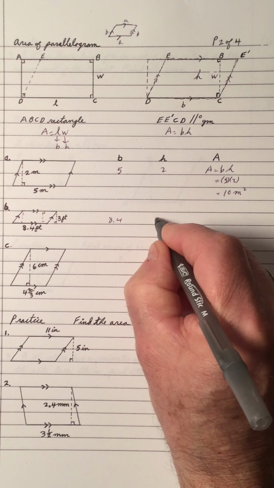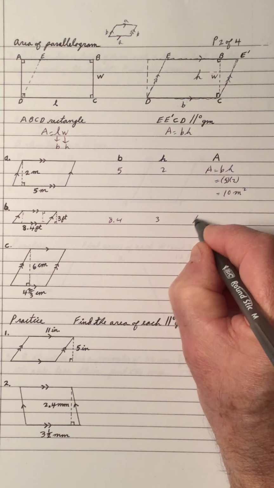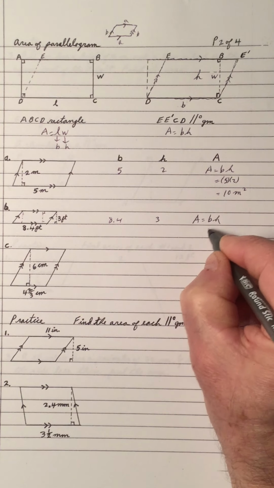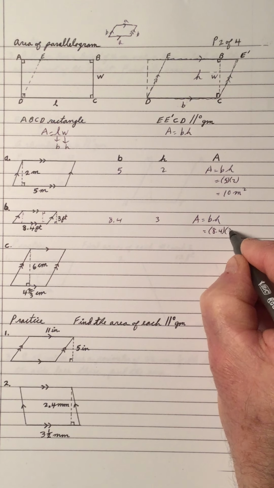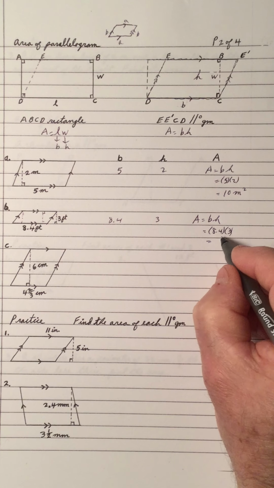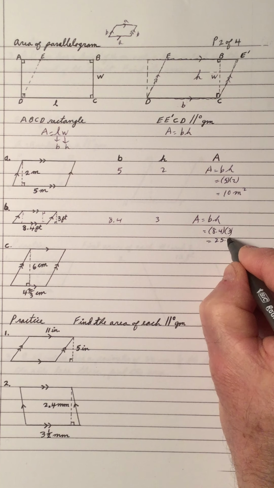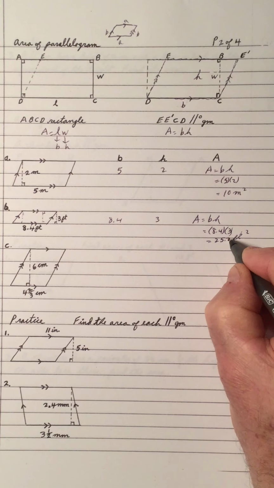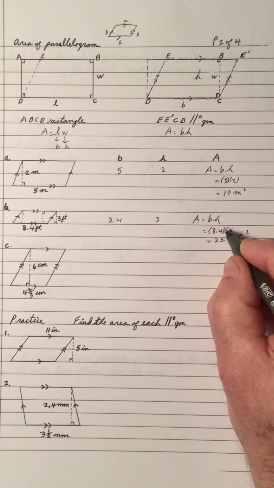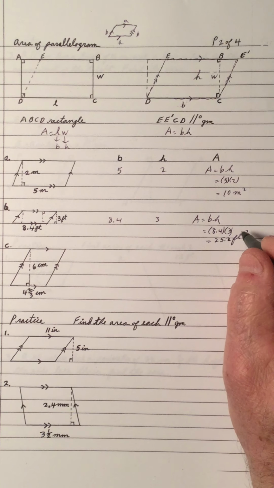So the height is 3. The area is base times height, 8.4 times 3, and when we multiply it with a calculator, we get 25.2. The unit is feet, so it's square feet.